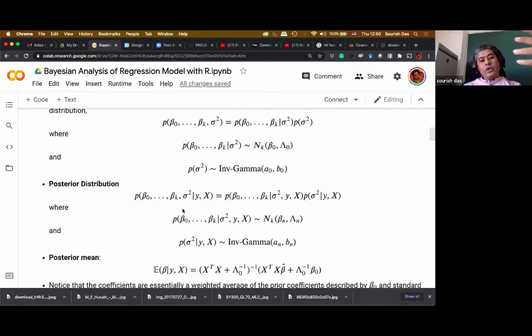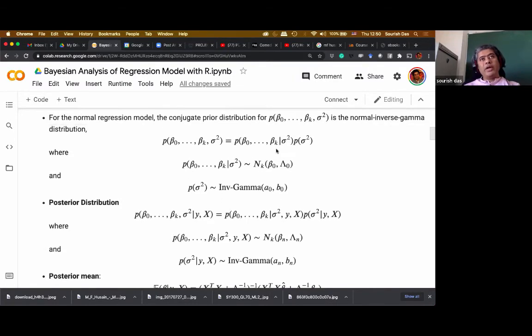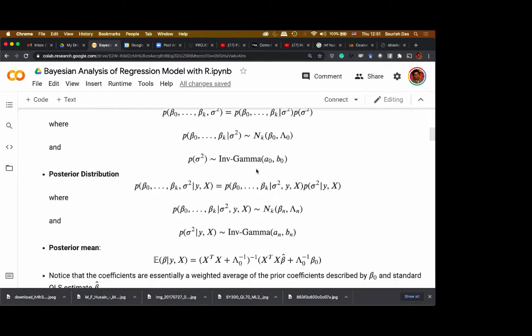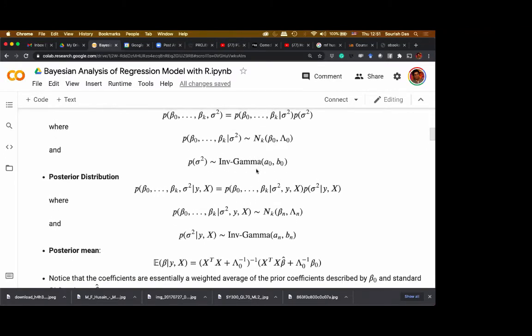Interestingly, L2 penalty and Gaussian prior have a one-to-one mapping. Now, that is the reason, let me finish my point.